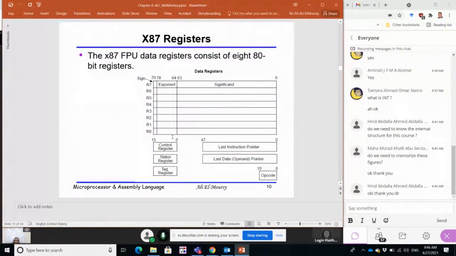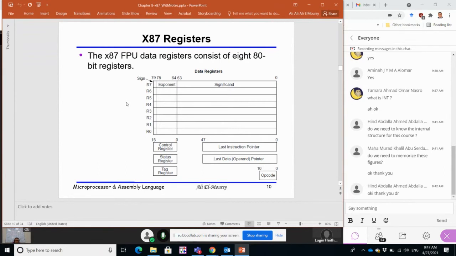Okay, as you can see here, they are carrying floating point numbers. You can recognize that each of those registers is divided into a fractional mantissa, exponent, and sign. The number of registers is 8, from R0 till R7. How many bits are those registers? Those are 80-bit registers.